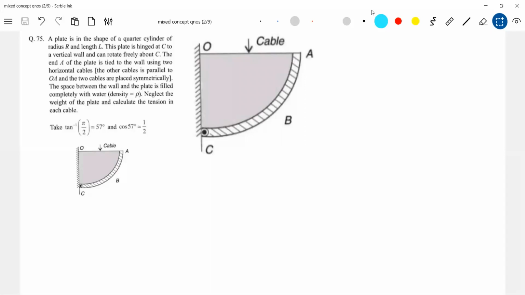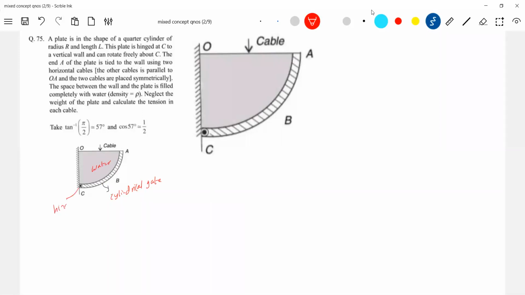What is this? The shape is a quarter cylinder of radius r. The cylindrical shell it is. A quarter of a hollow cylinder is what? This particular thing. So this is that cylindrical gate. This is the water. It is hinged about this particular point.